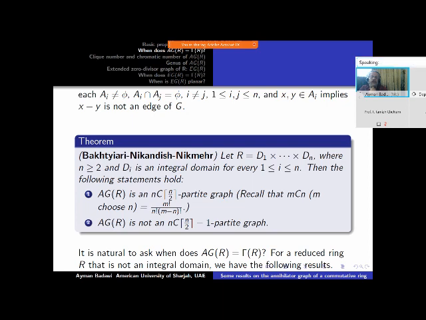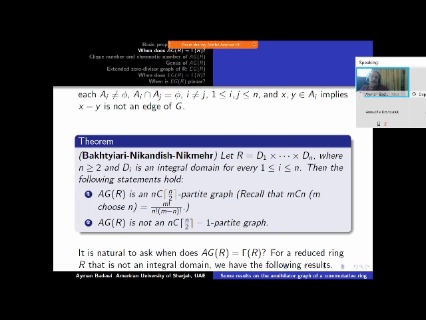If R is a product of integral domains, what's an integral domain? An integral domain means 0 is the only zero divisor of the ring. But look, they took R to be a product of n integral domains where n is bigger than or equal to 2.